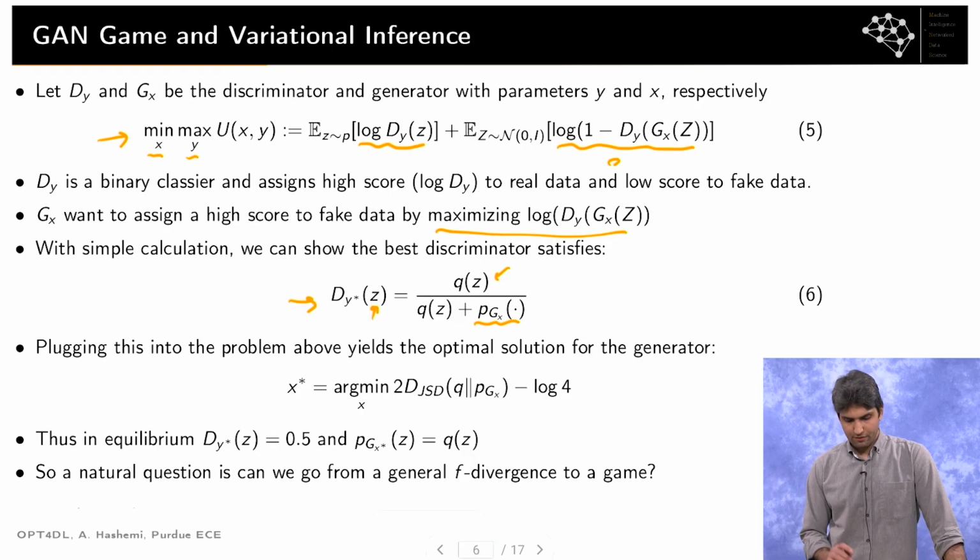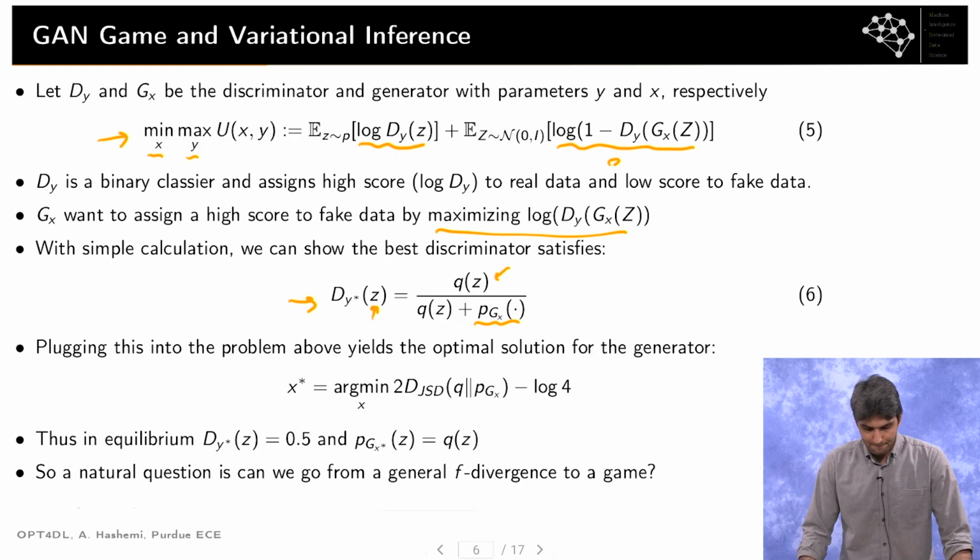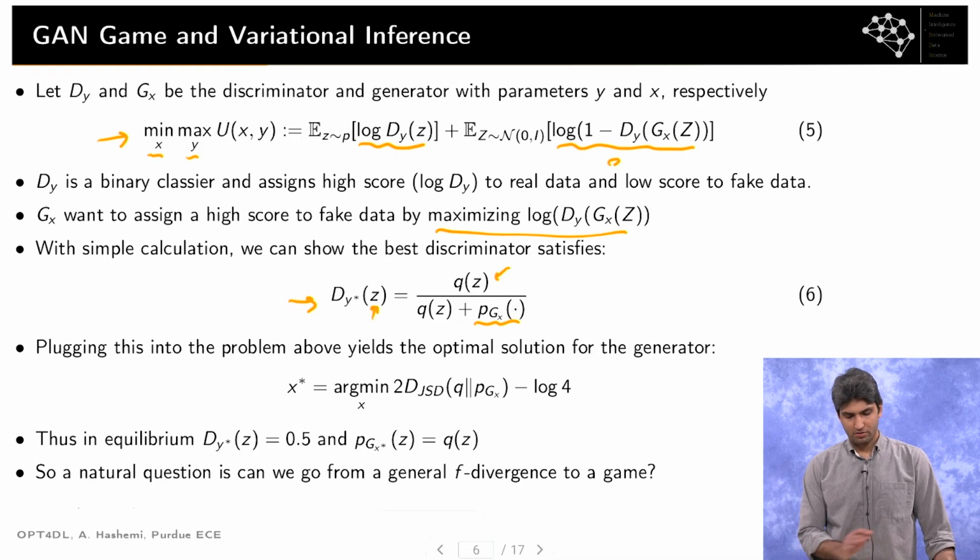So therefore this is the best strategy for the discriminator, which we can find quite simply by finding the D that maximizes the utility for any given generator.